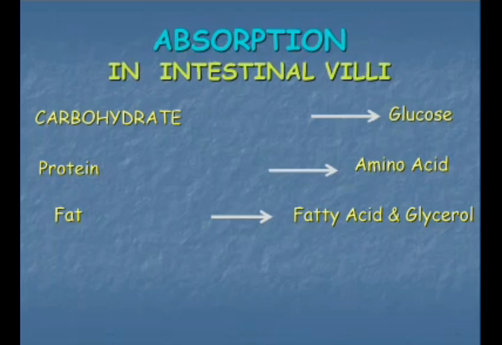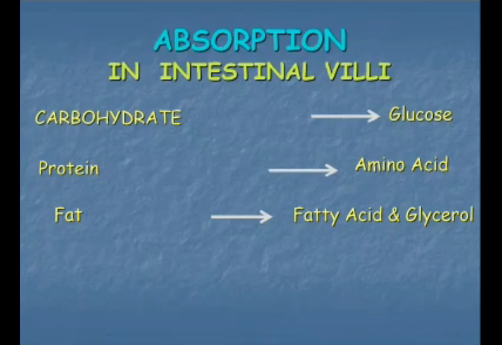And all these glucose, amino acid, fatty acid and glycerol, they are the simple food, and this simple food is absorbed in the intestinal villi and goes into the bloodstream. After absorption, the process of distribution starts, and this simple food is distributed among the body tissues and cells.